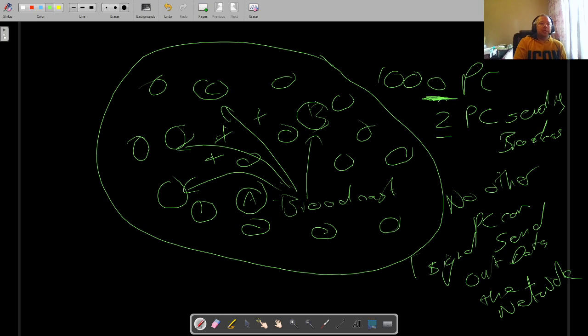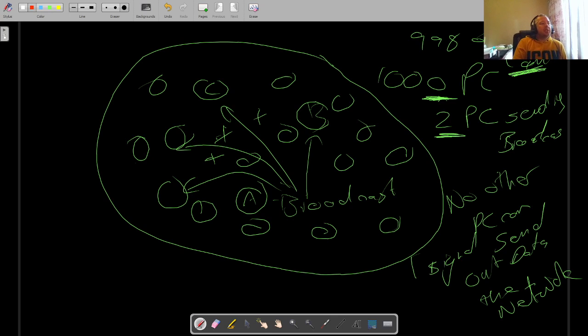So these two PCs are sending data, and the 998 other PCs can't send data because the network is being used by sending these broadcast messages.